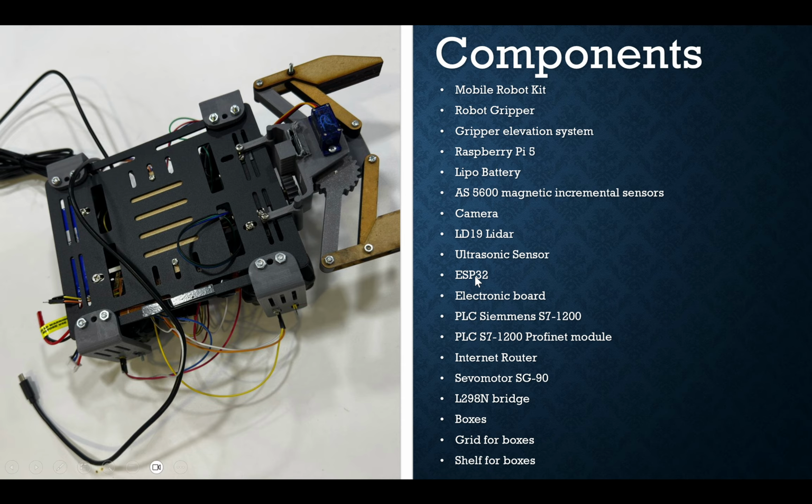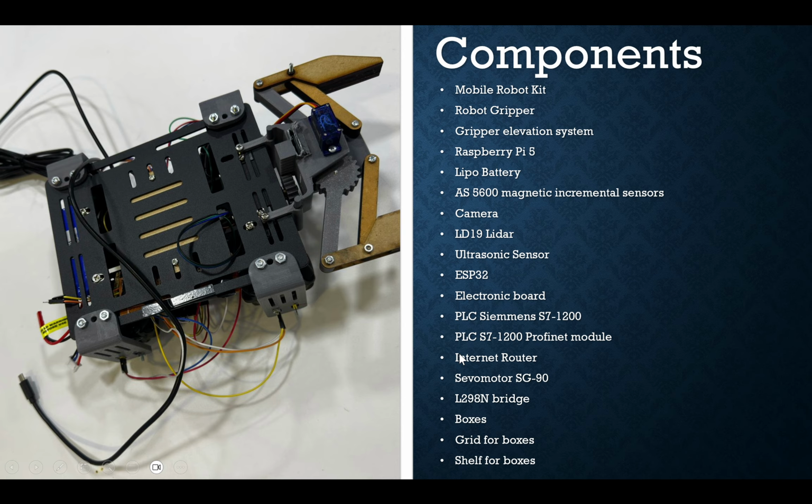Then we have the ESP32 that is also below here, the electronic board that is also below here, the Siemens PLC, and everything regarding the PLC and the routers are outside the robot because they are for the future interface that we are going to implement. We have the servo motors, two servo motors, one for this gear system and one for the other gear system.